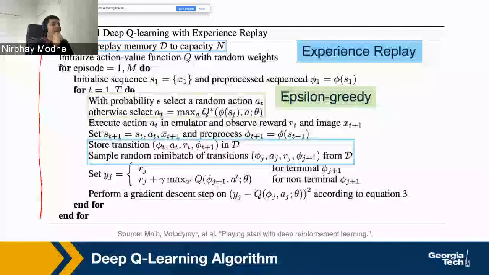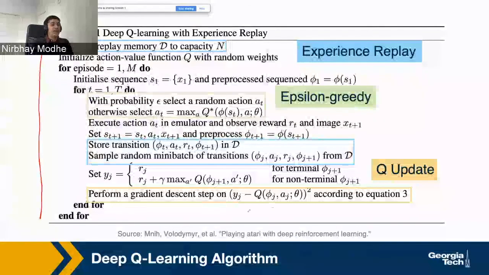The second is that the policy used to gather data is epsilon greedy. And the third is the update rule used to update the Q function. If you understand these three components, this is basically everything there is to understand in the deep Q learning algorithm. So take a look at this offline and see if you can understand what exactly is going on, now that you know every single component that goes into this algorithm.